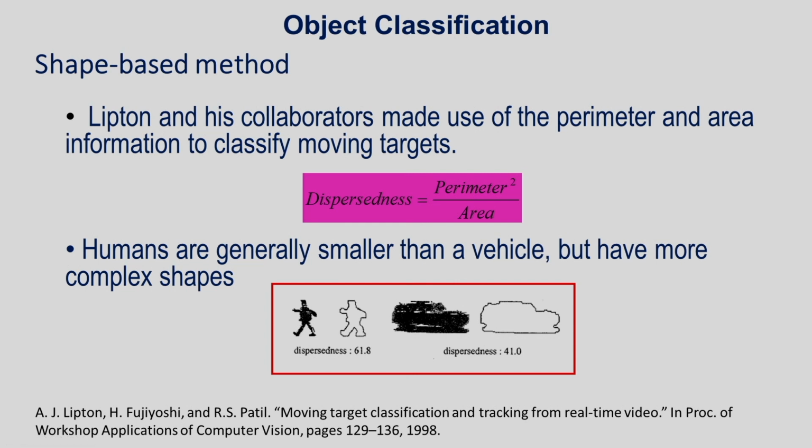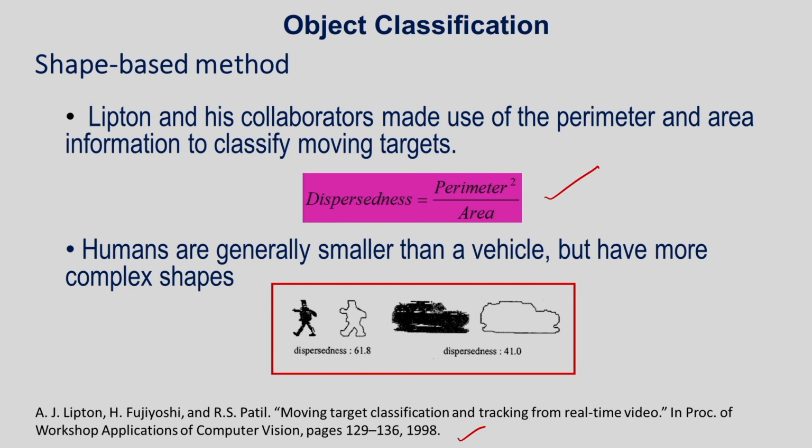For this we can consider the shape feature for object classification. And here also I am considering a very old paper, but the concept is very simple. Based on the shape information, we can classify human and vehicles. For classification of humans and vehicles, they considered one parameter. That parameter is dispersiveness, and it is based on the perimeter and the area.